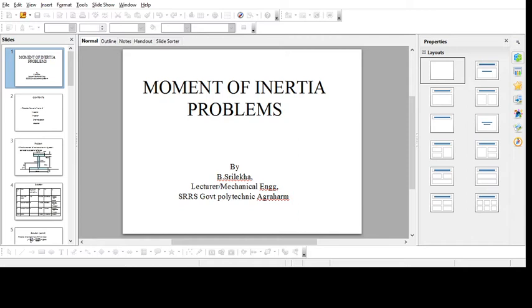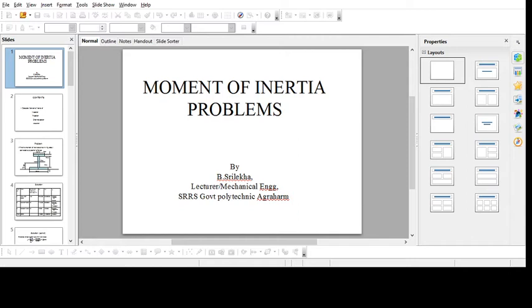So what you need to do for this? First, we need to divide this section into three simple planes. Nothing but you can simply divide it into three rectangles.